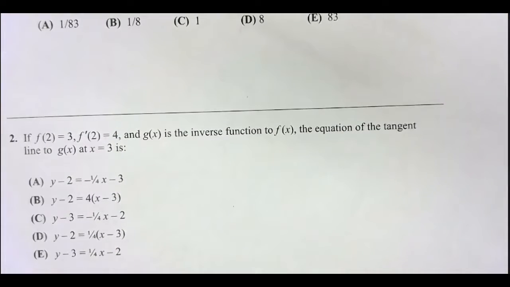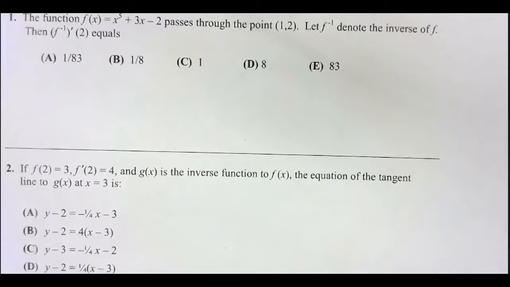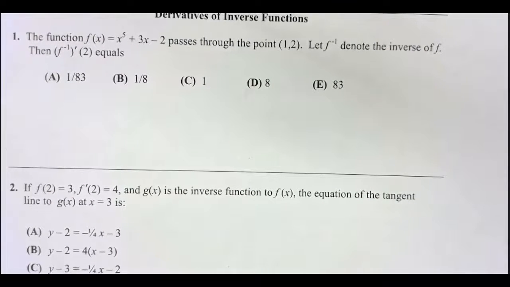All right. The back is some multiple choice questions exactly like they were from an AP exam. I forget if I took these from a textbook or an AP book, but these were derivative of inverse function questions involving AP.